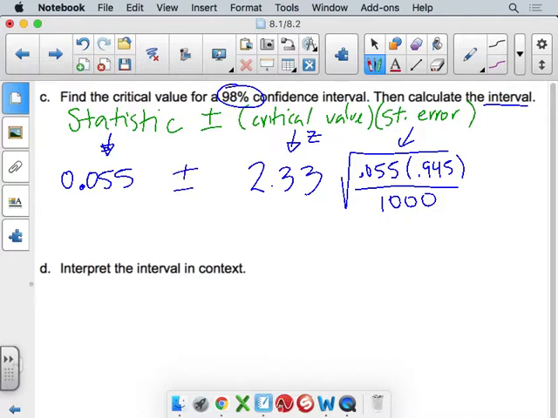Let's get this little part calculated first.